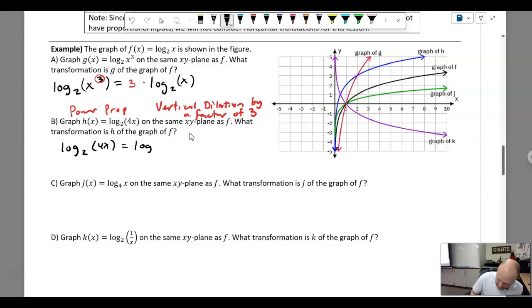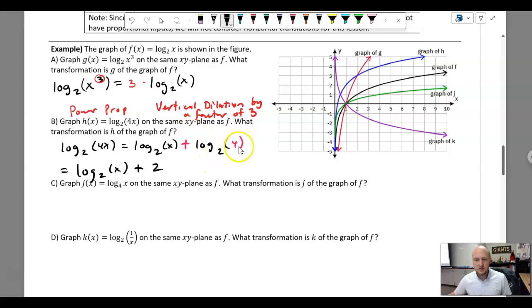I have log base 2 of x plus log base 2 of 4. You can see that I just used the product property in reverse to separate this, and this simplifies to log base 2 of x plus 2, since 2 to the power 2 gives me 4.